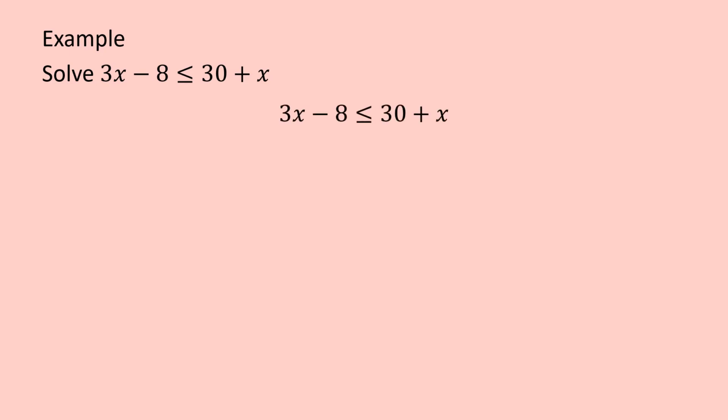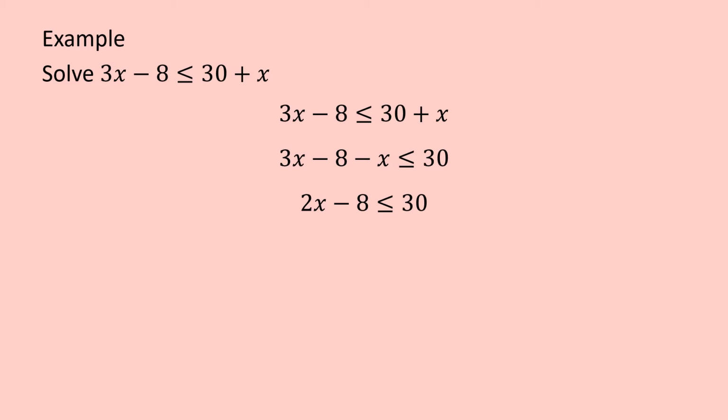Let's see this example. Solve algebraically the inequality 3x minus 8 is less than or equal to 30 plus x. First, subtract x from both sides. Then you will get 2x minus 8 is less than or equal to 30.